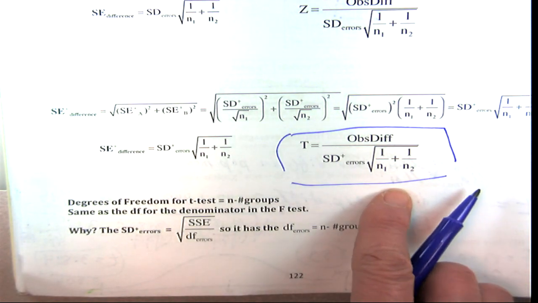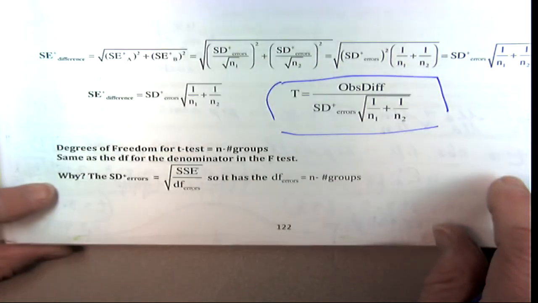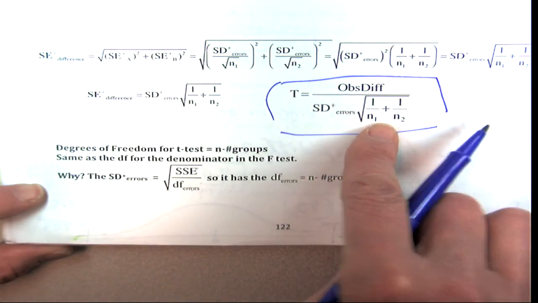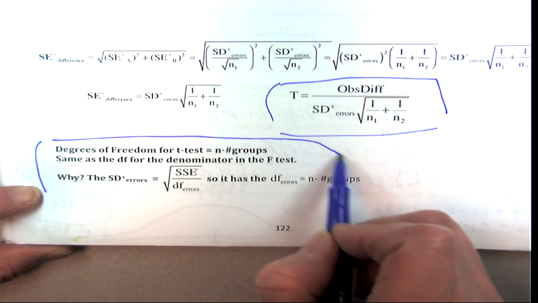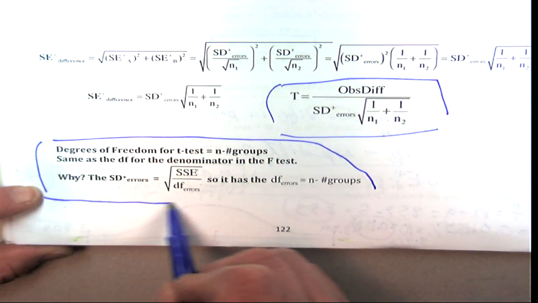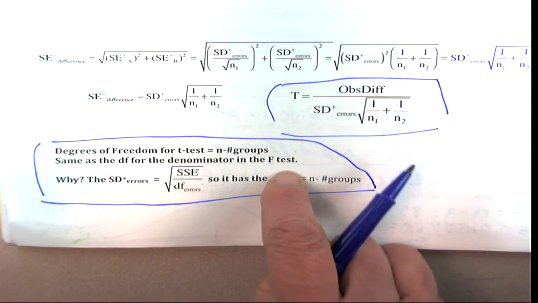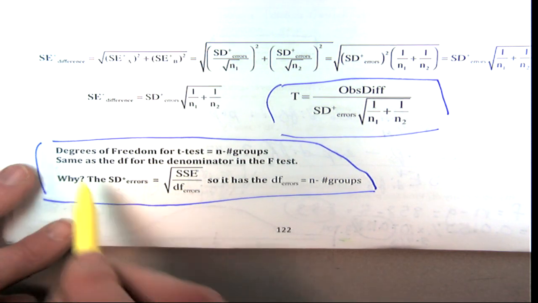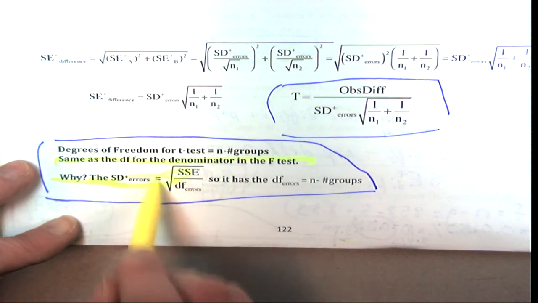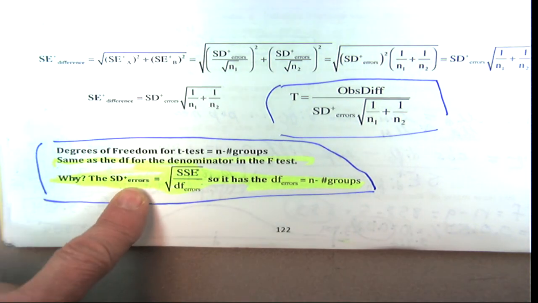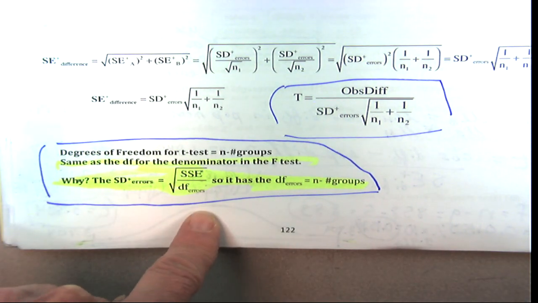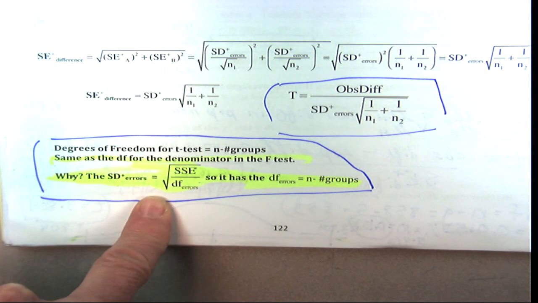And here are the degrees of freedom. So it makes it super easy. The degrees of freedom is the same as the denominator in the F-test. Why? Because we're basing it on the mean square error, the square root of the mean square error.